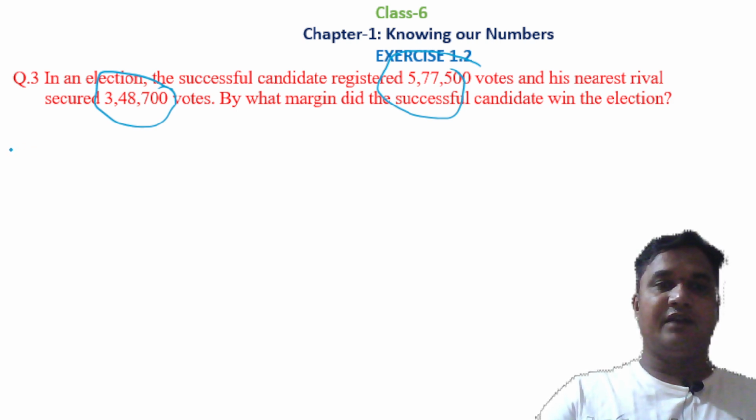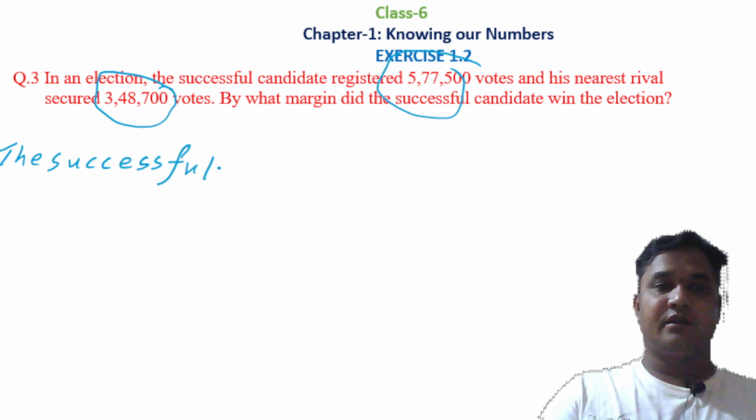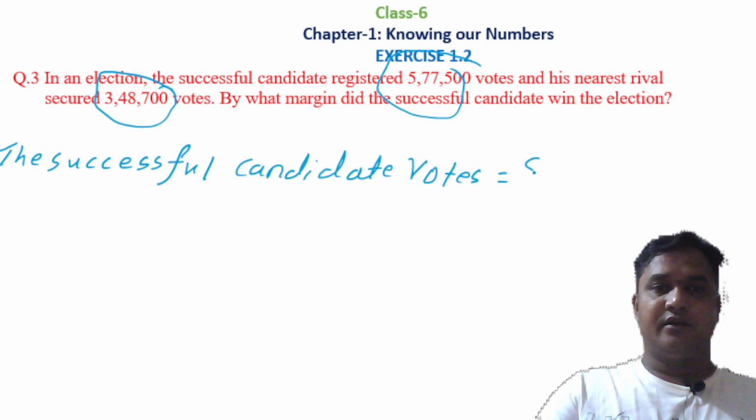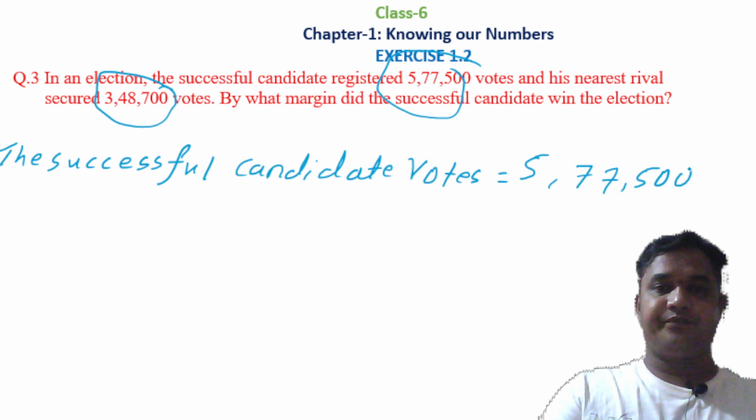For this, what I will write? Firstly, I will write the successful candidate votes equal how many? 5,77,500.